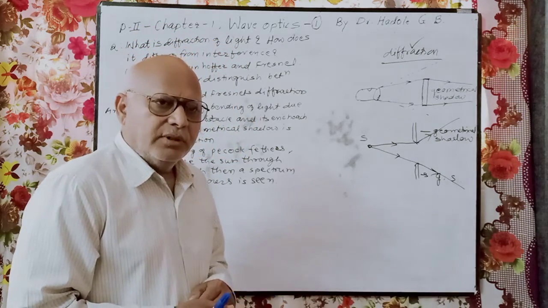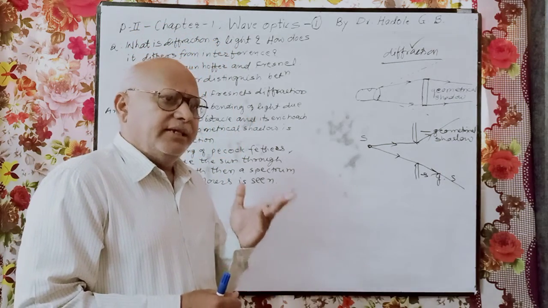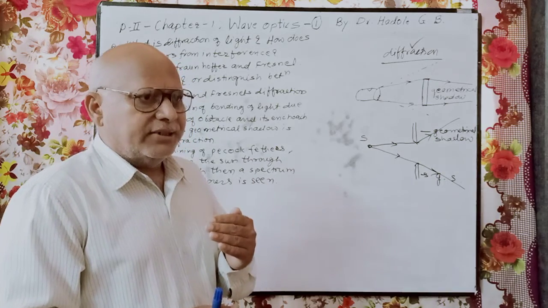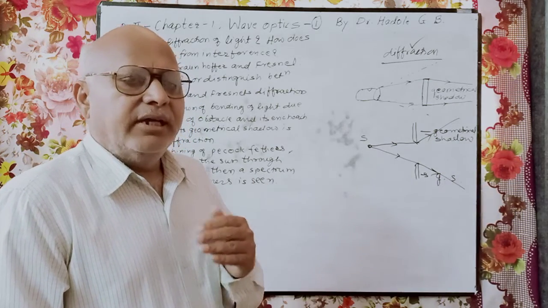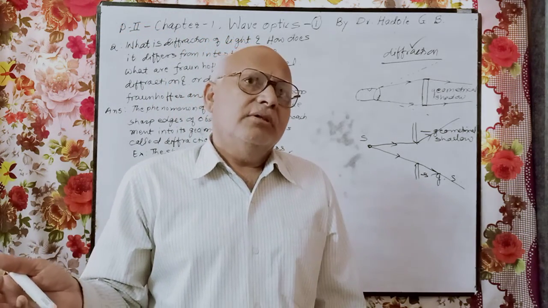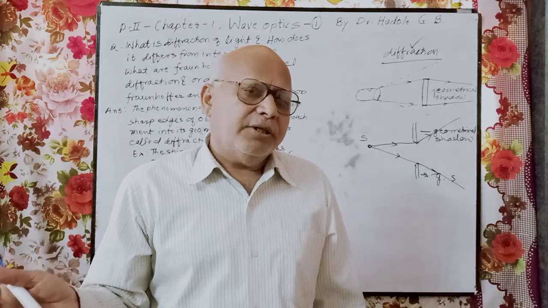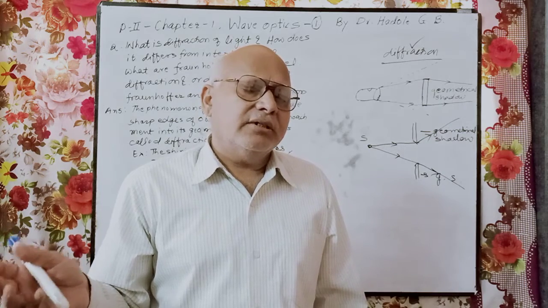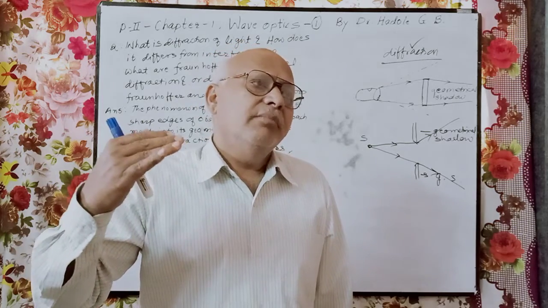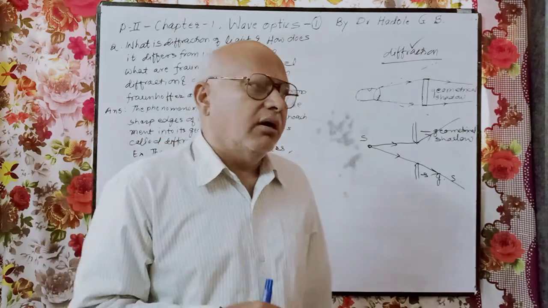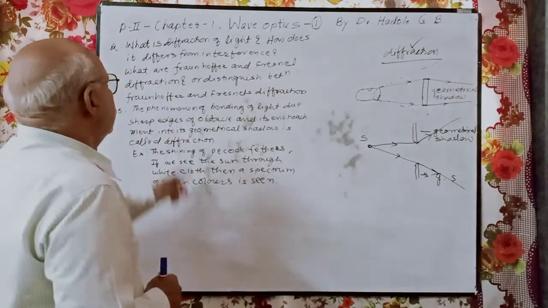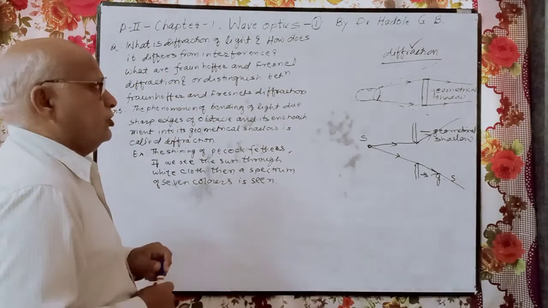Next, before the sun rises, the rays are coming to us and we are getting the light. After the sunset, for a certain time, there is light, because light is coming by bending around the edge of the earth. So this way, this is diffraction.